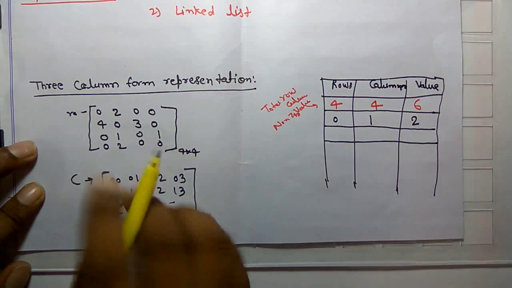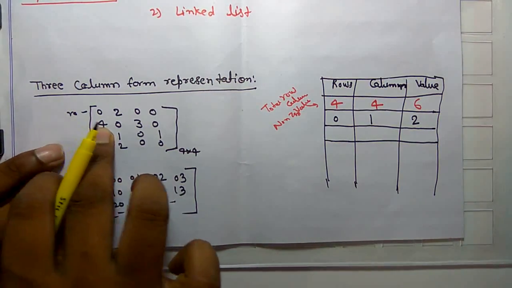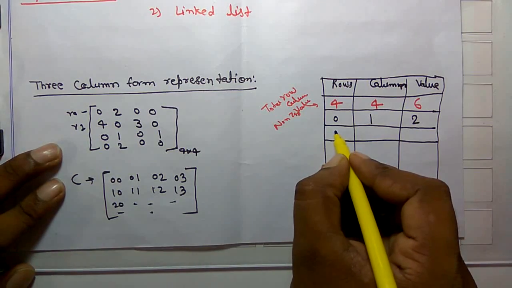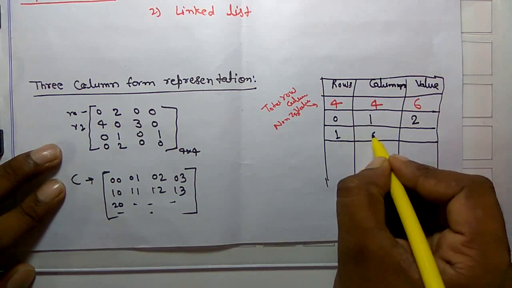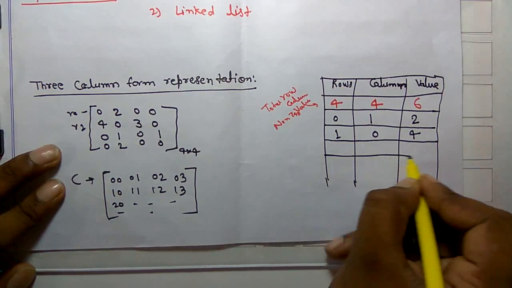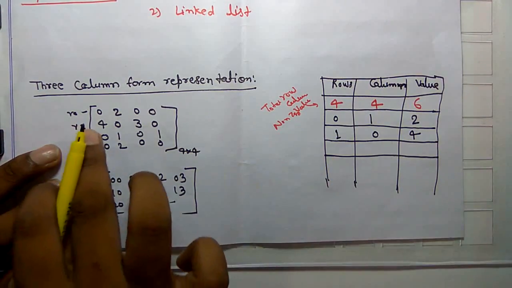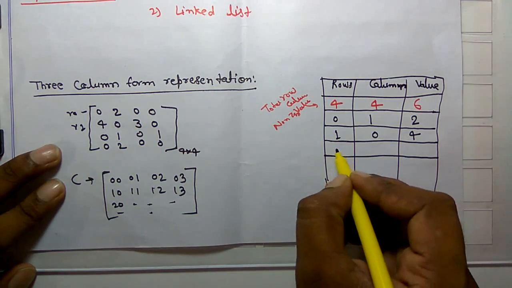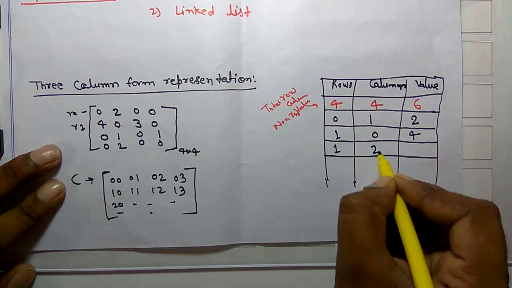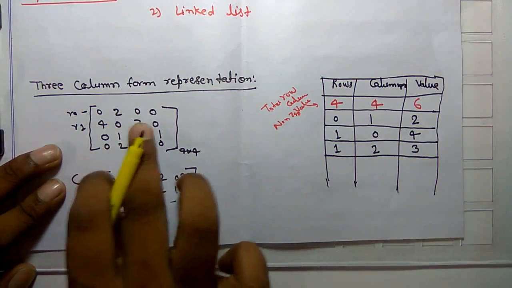Next, in row 1, column 0, the value is 4. In the same row, at column index 2, the value is 3.